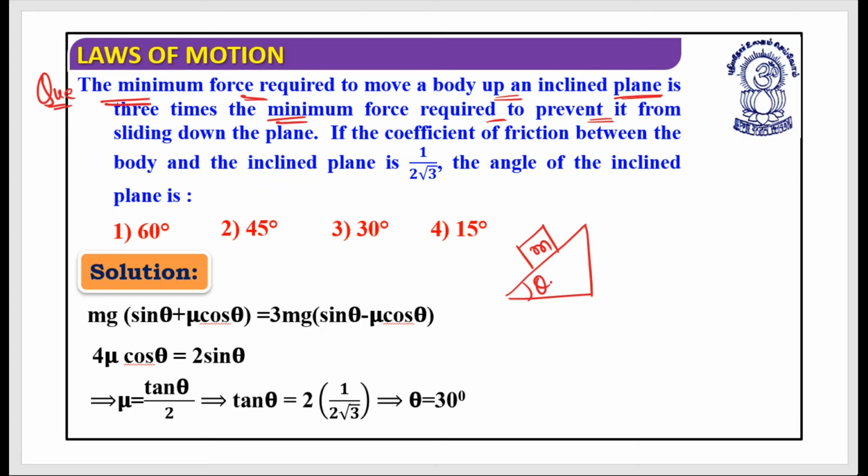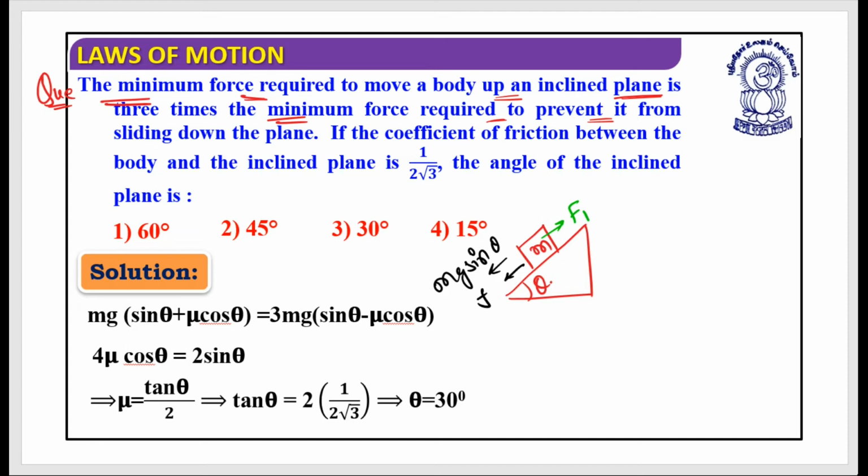That means they are talking about this force, let's write it as F1. As it is moving in the upward direction, mg sin theta acts in the downward direction, as well as friction acting in the downward direction.